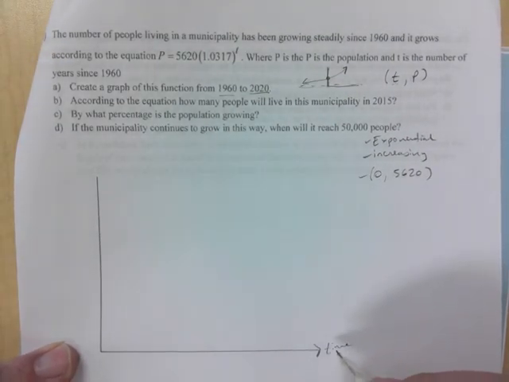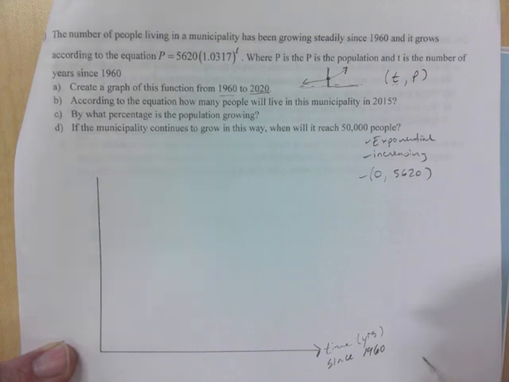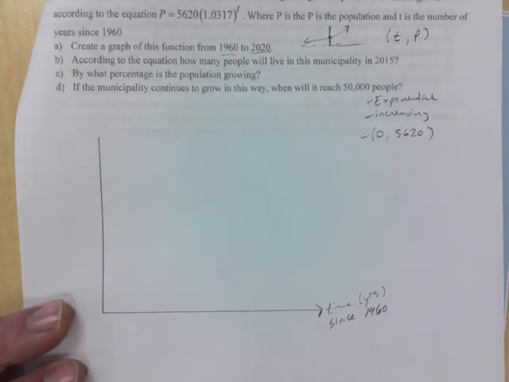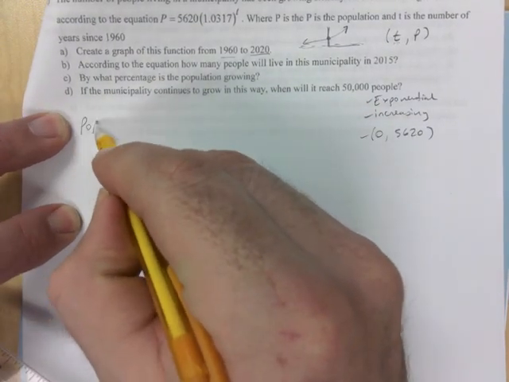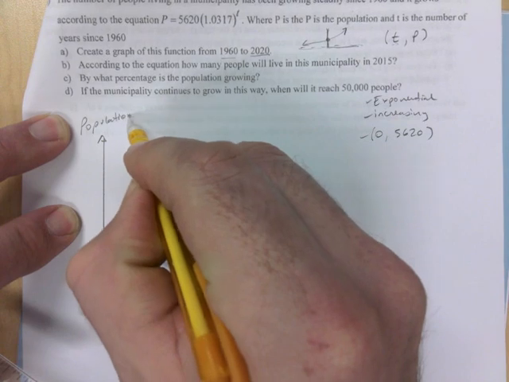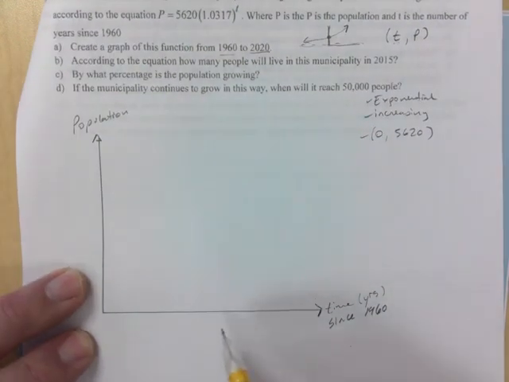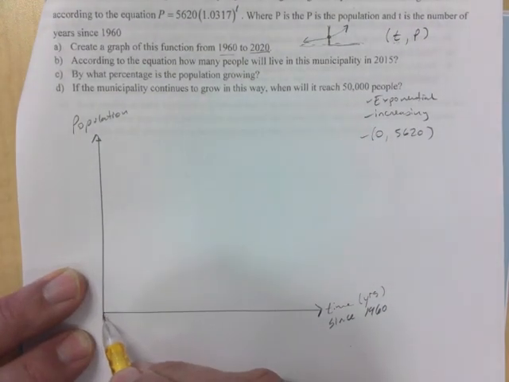Time, or in years, right? Since 1960. We're going to make sure we label that correctly, okay? And then we have here this population. So we're going to go from 1960, which is our 0, all the way to 2020.